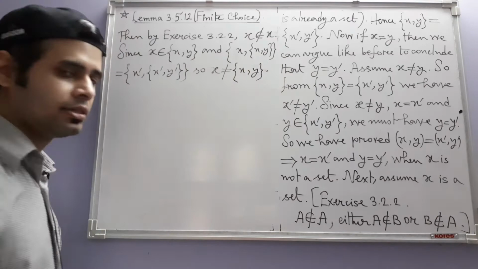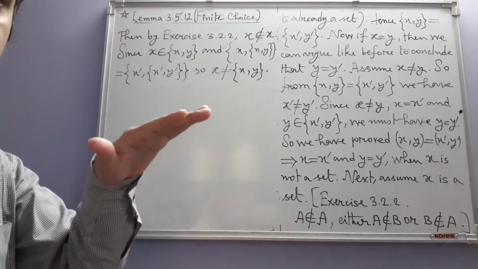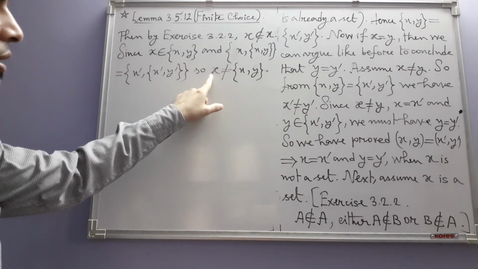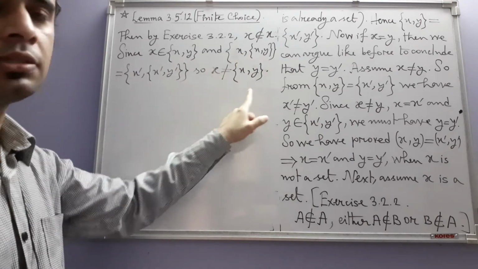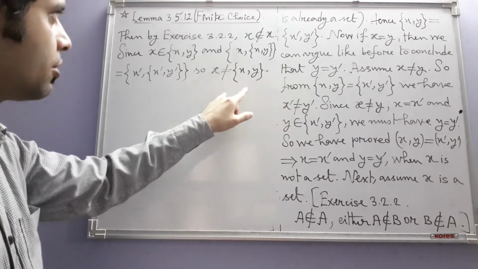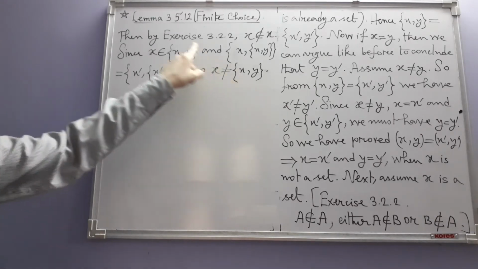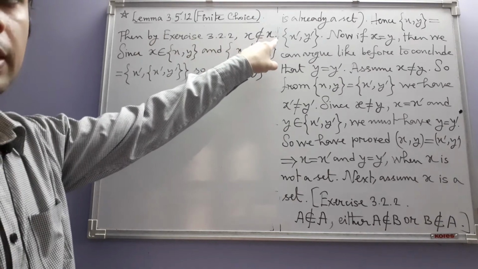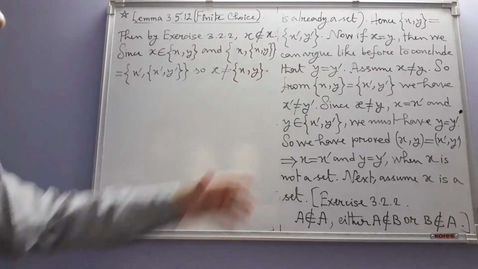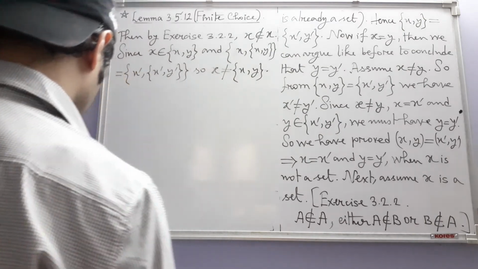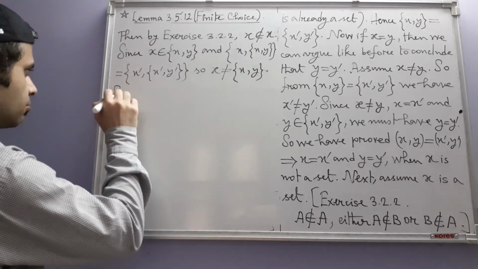Do you see the strangeness here? Because we have assumed that x is a set, there is a possibility that x may be equal to this set. However, that is not possible because this set contains x as an element, and according to exercise 3.2.2, x will not contain itself. So x is not equal to this.